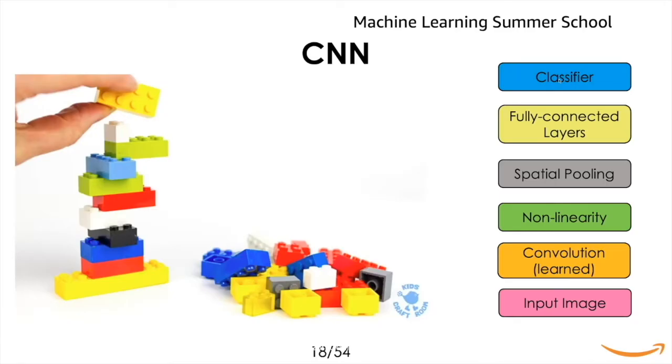But the difference in CNNs is that unlike in regular neural networks where neurons are arranged in 1D, in ConvNets, neurons are arranged in 3 dimensions. So the input image will have 3 dimensions: width, height, and depth. And the neurons in a layer will not be connected to all the neurons in the previous layer. Instead, each will be connected to a small region in the previous layer when the convolution is taking place.